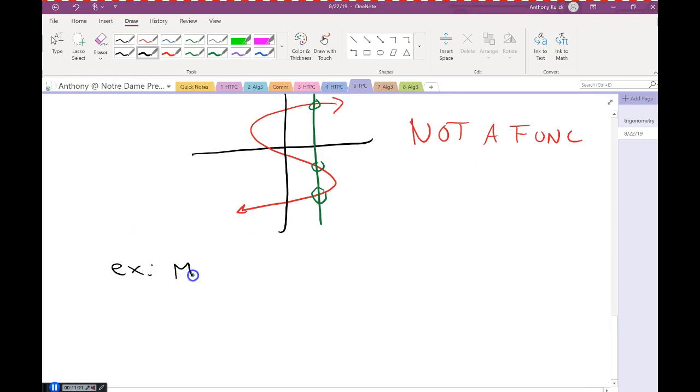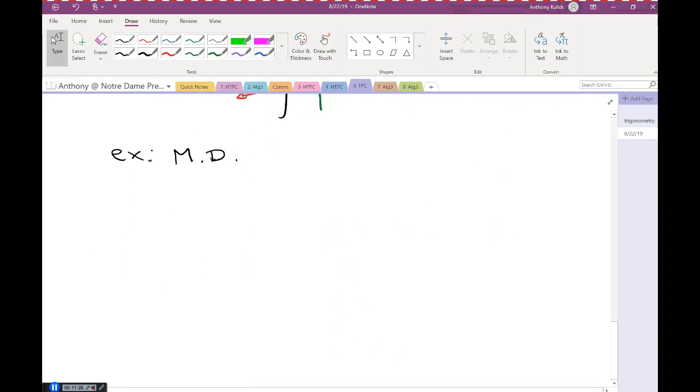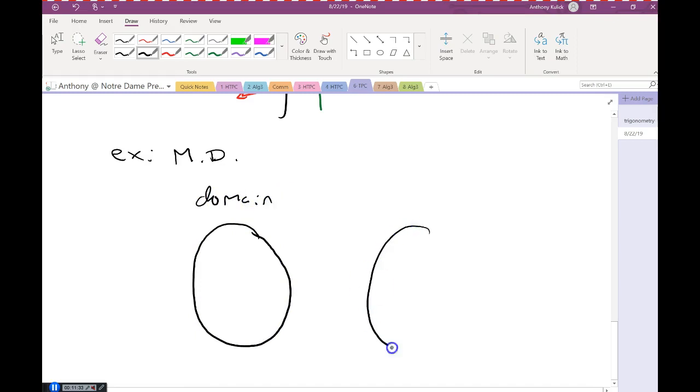The next one you guys mentioned was a mapping diagram. So if you don't remember what those look like, we have one oval. The first oval usually represents the domain. And then we have a second oval. That second oval usually represents the range. And then inside of each of those ovals, we'll have the members of that set.